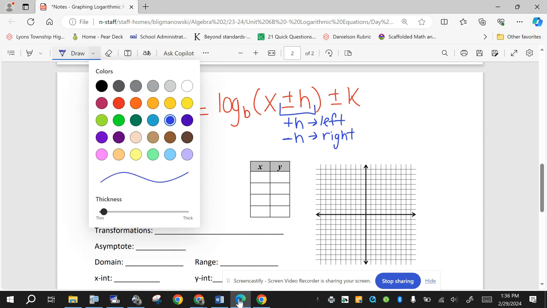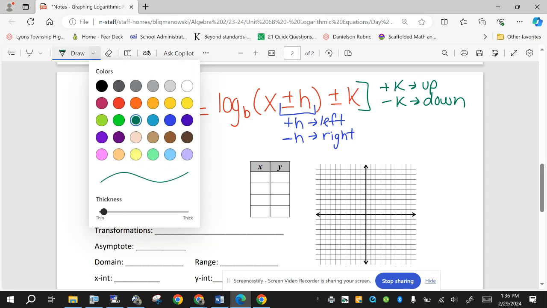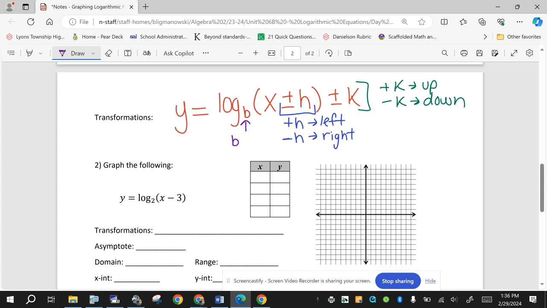And then our k, plus k is going up and minus k is going down. This base can be any number greater than 1. So 2, 3, 4, 5, etc.